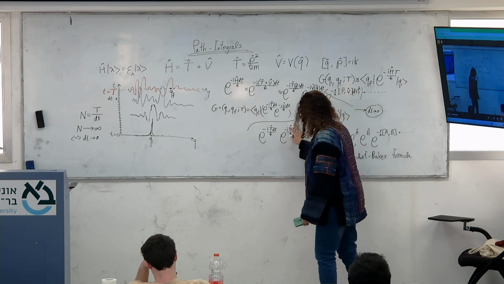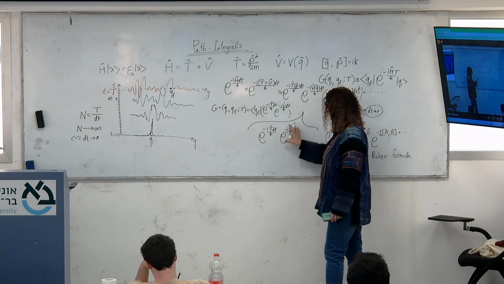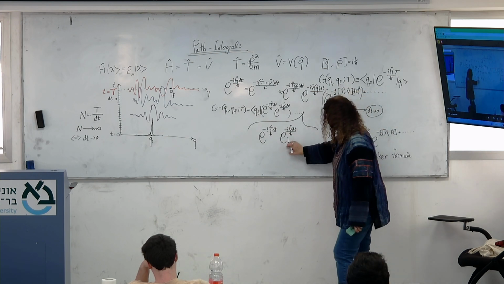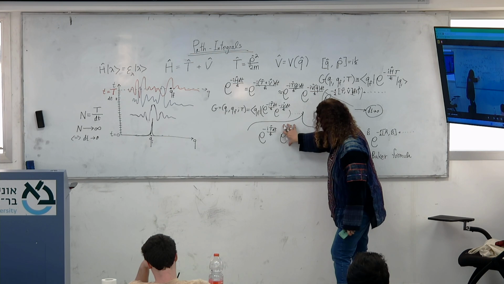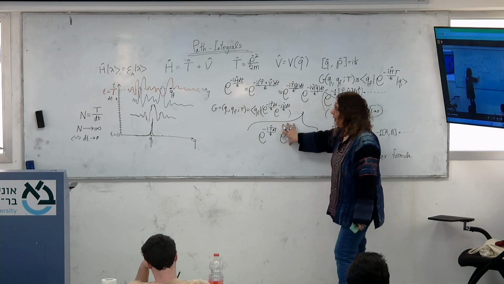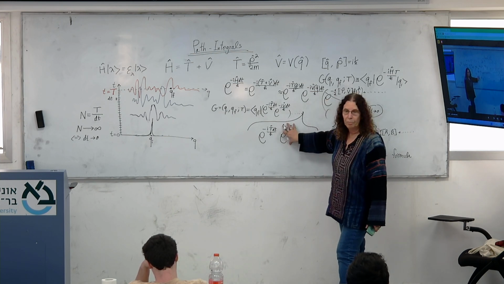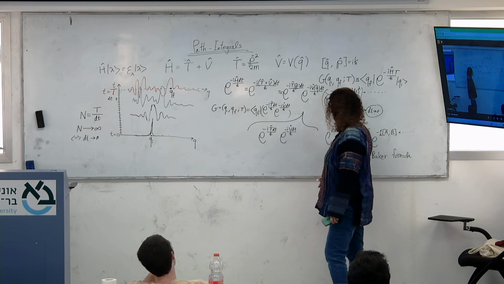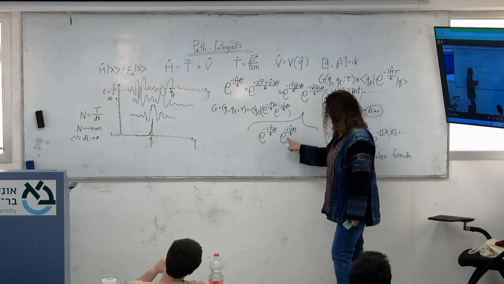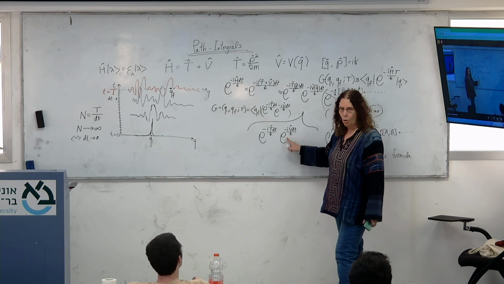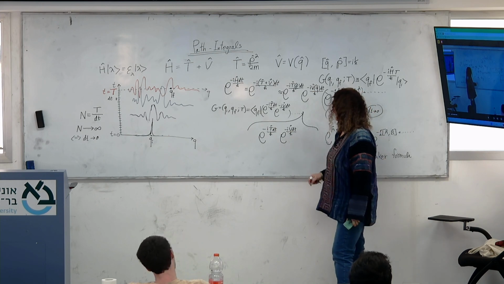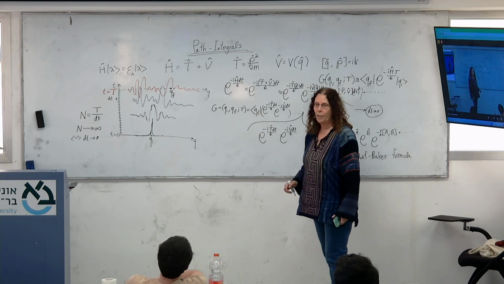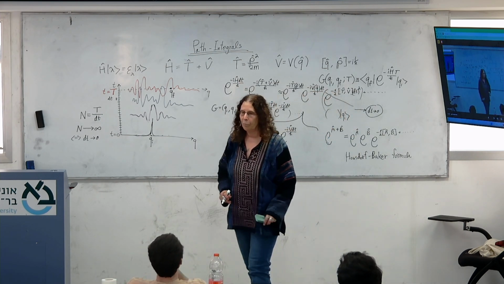But what is the advantage of writing it like this? I now see that each of these operators, one depends only on Q, and one depends only on P. So I know that the eigenstates of this one are the states Q, and all eigenstates of this are states with a well-defined P, right?